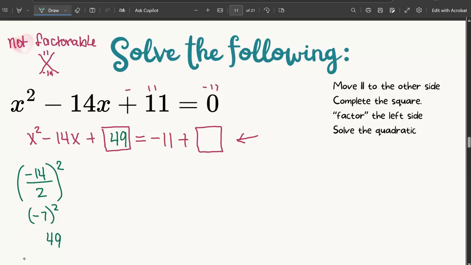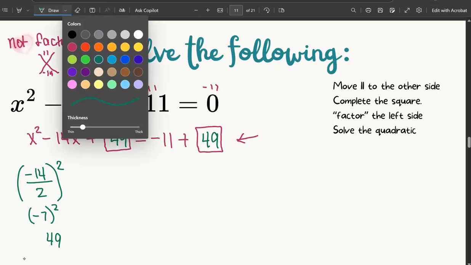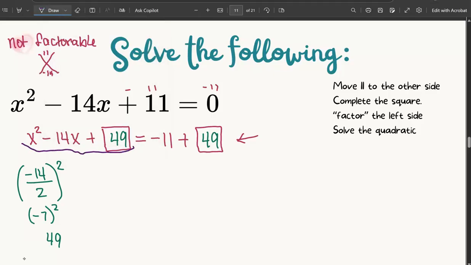So if I add 49 to the left-hand side, I have to add 49 to the right-hand side. Now we're in the right format so that I can take the left-hand side and rewrite this as x minus 7 squared. And 49 minus 11 is 38.